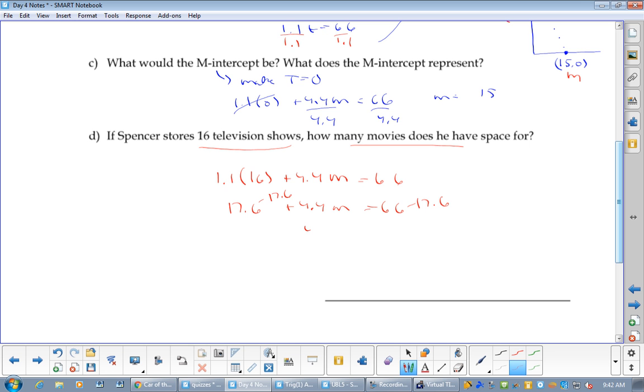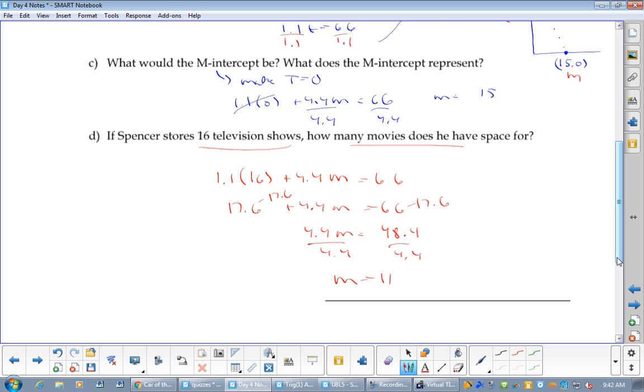I'll get 4.4 m equals 48.4. Okay, so then I would divide by 4.4, right? And I will get m to equal 11.